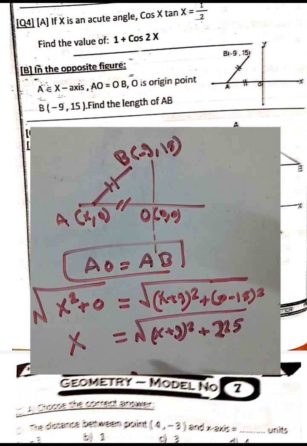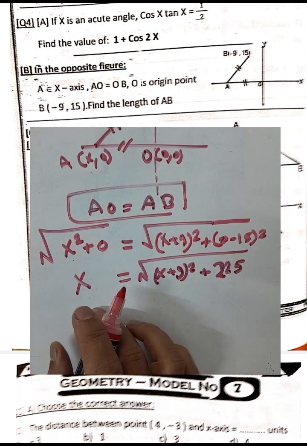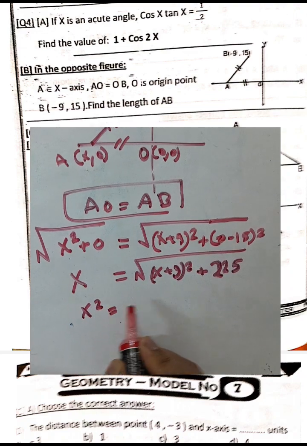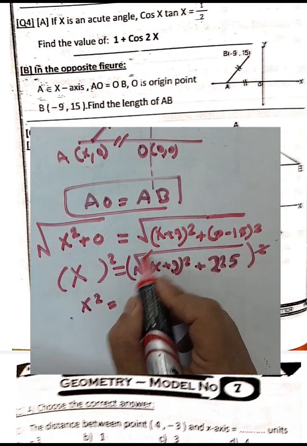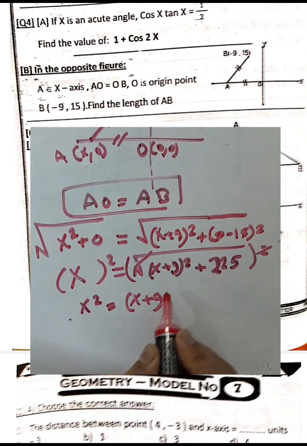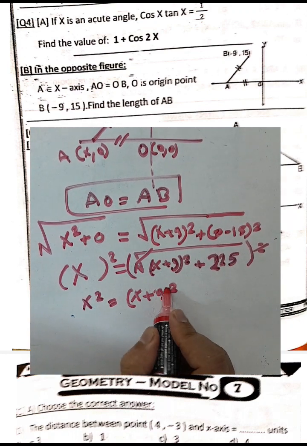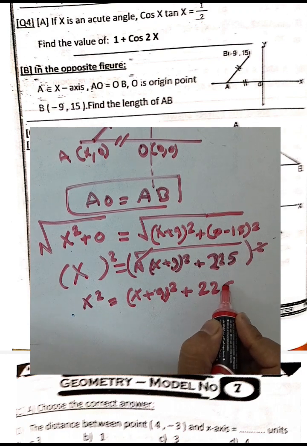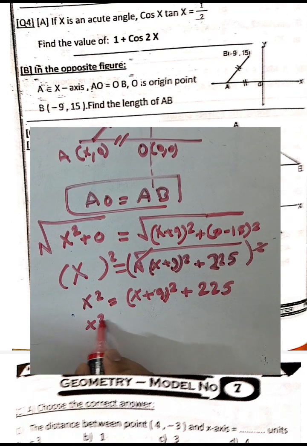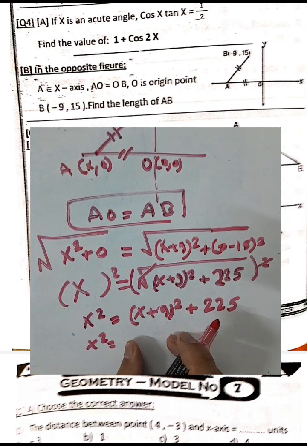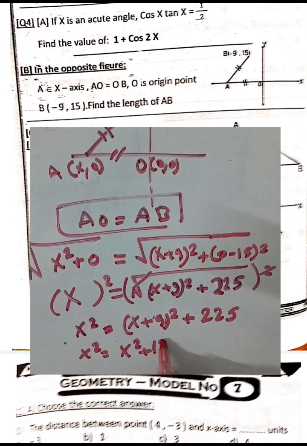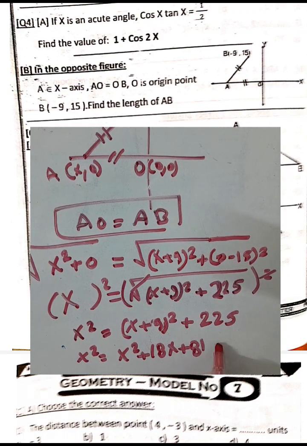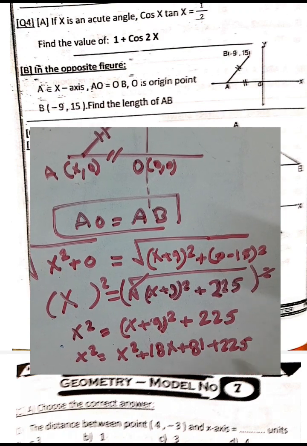And then you can simplify it by putting power 2 on the left hand side or right hand side. It will be x power 2, and here power 2 will cancel the square root. Then we can write x plus 9 power 2 plus 225, and then you can write these brackets in simplest form. X power 2 plus 2 times 9 times x, it will be 18x plus 81 plus 225.